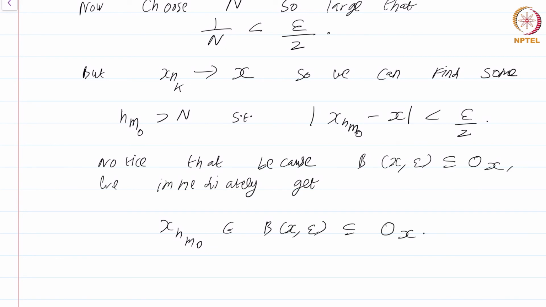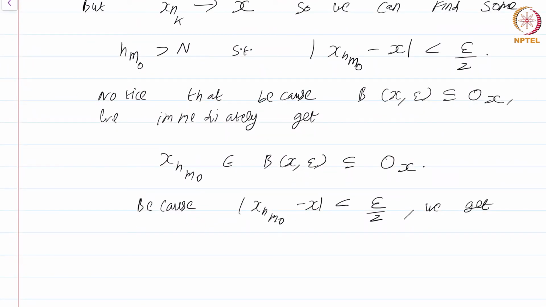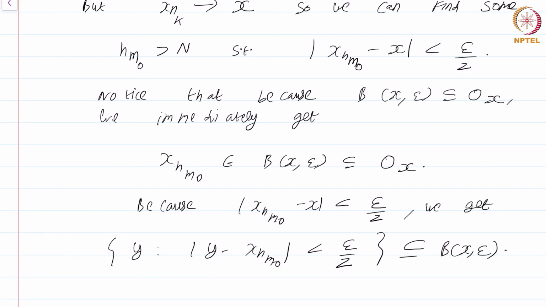Okay. And not only that, because mod x nm naught minus x is less than epsilon by 2, we get the set of y such that mod y minus x nm naught is less than epsilon by 2, this set is going to be a subset of bx epsilon. Why is that the case?